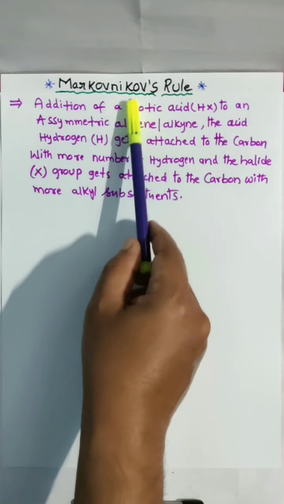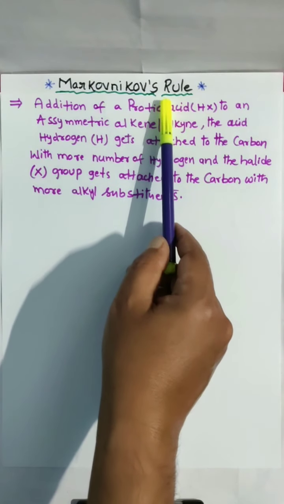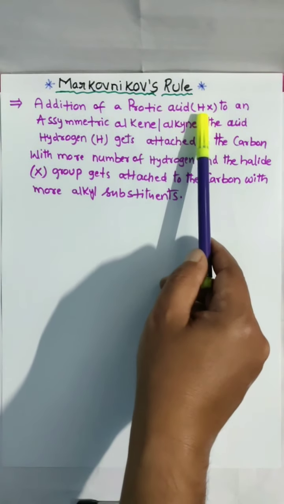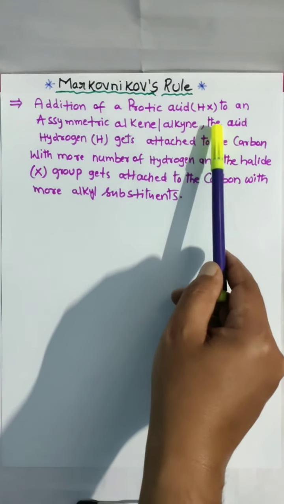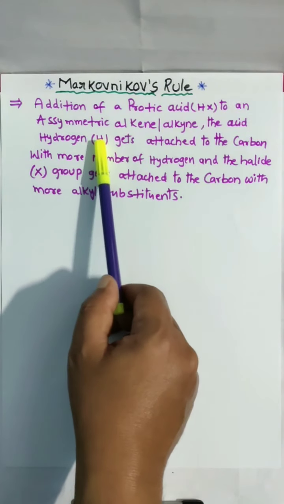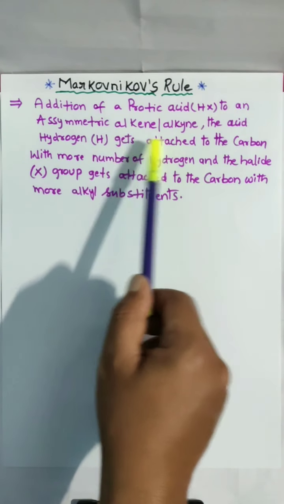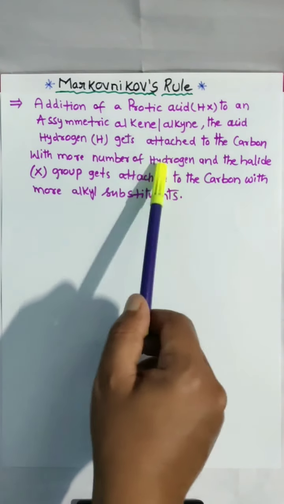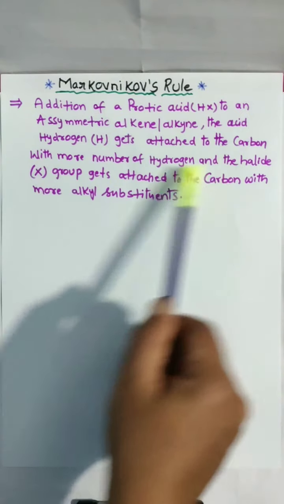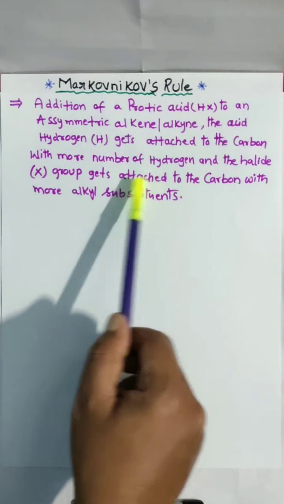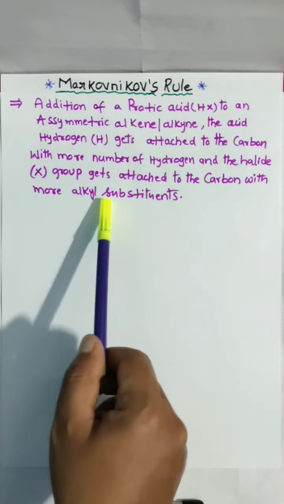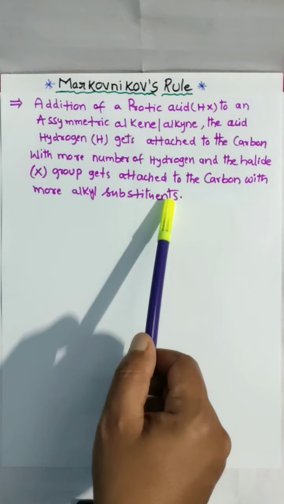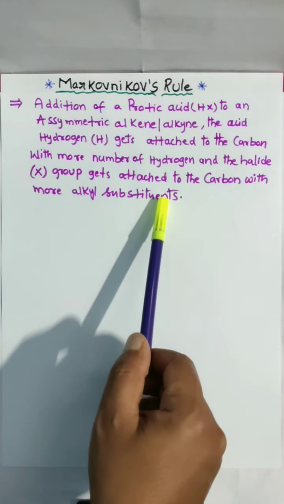Then what happens? The acid hydrogen, meaning H plus, gets attached to the carbon with more number of hydrogens, and the halide group gets attached to the carbon with more number of substituents, or less number of hydrogens.